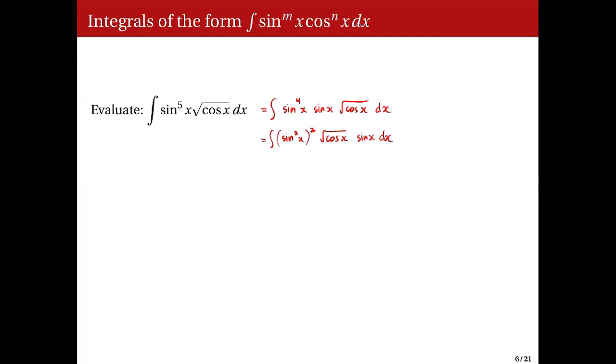And then in here, you see, you have sine squared x. You can now change it into 1 minus cosine squared x, then you have the square there. Then square root of cosine x, and then sine x dx.